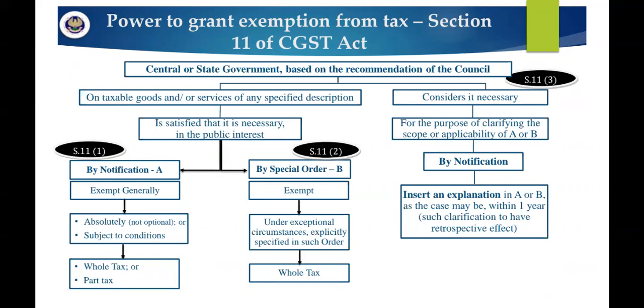And in some other cases where A and B both are not applicable, that also they need to specify, that A and B both are not applicable. So the tax council has to specify if case A is applicable by notification, that has to be specified and told. If case B by special order is applicable, that has to be notified and told. If neither A nor B exemption is applicable, that also needs to be informed.